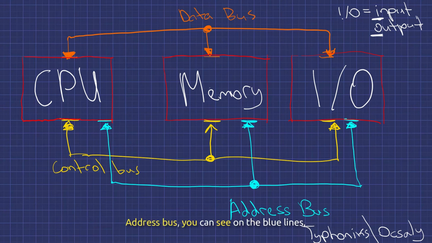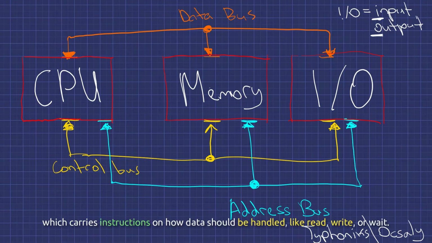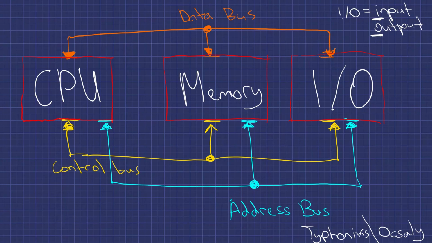The address bus, which you can see in the blue lines, identifies where the data should go or come from. And we also have the control bus, the yellow lines, which carries instructions on how data should be handled, like read, write, or wait.